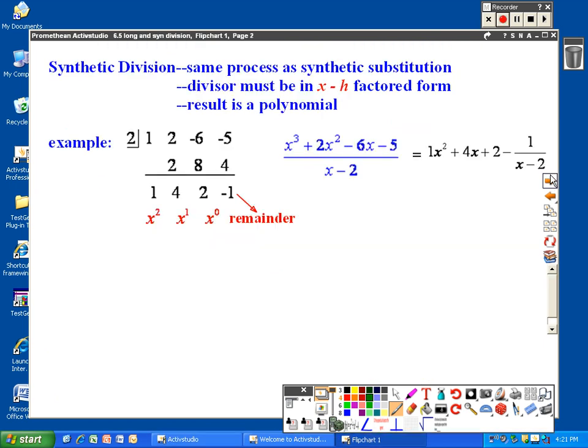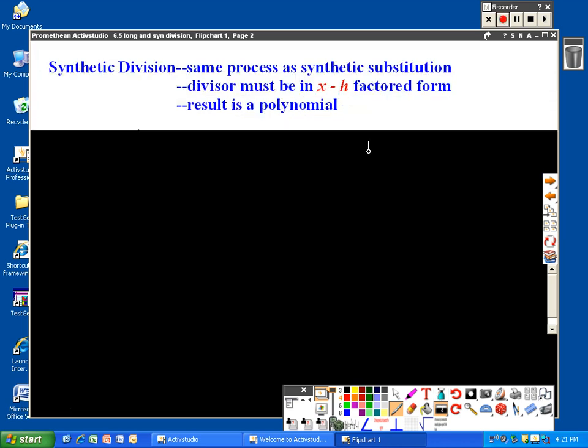If we have a binomial with 2 terms, then we have choices. We can do what is called synthetic division. It is the exact same process as synthetic substitution. The only difference is, in synthetic substitution, you were given a value to put in your divisor box. Now, your divisor box is going to hold the root.